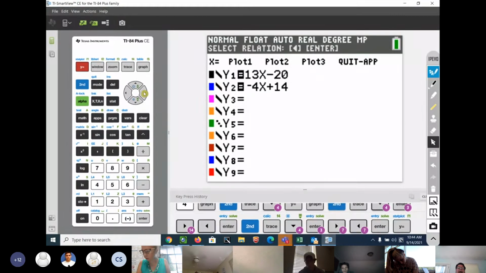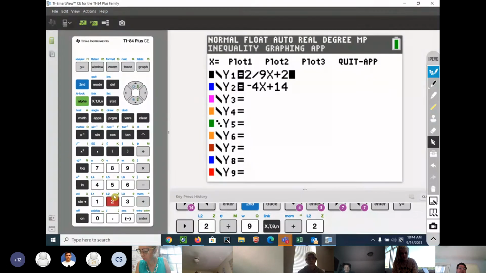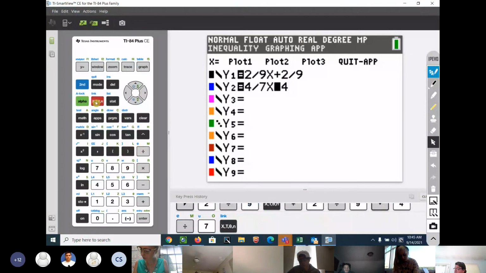So y is equal to 2/9 x plus 2/9. And the next one, excuse me, 4/7 x plus 2/7. And graph.